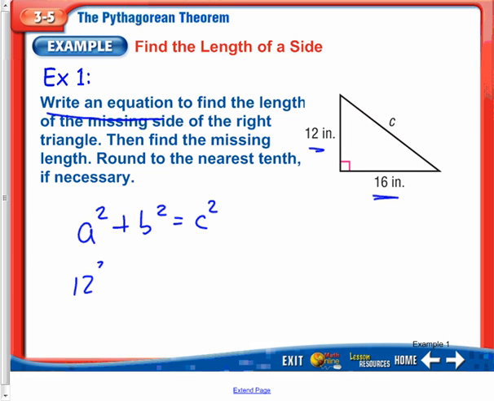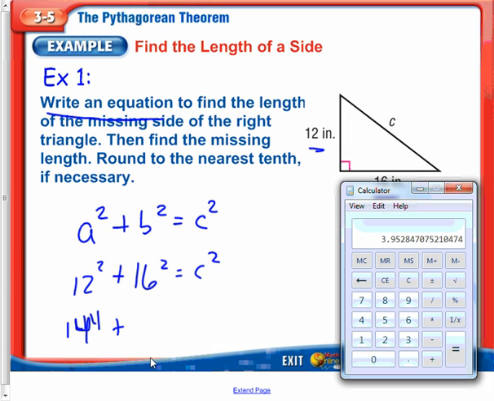So we're going to do 12 squared plus 16 squared, and that equals our hypotenuse squared. 12 squared is 144, plus 16 squared. If you know what that one is, you can go ahead and just write it down. Otherwise, you can always refer to your calculator to help you out.